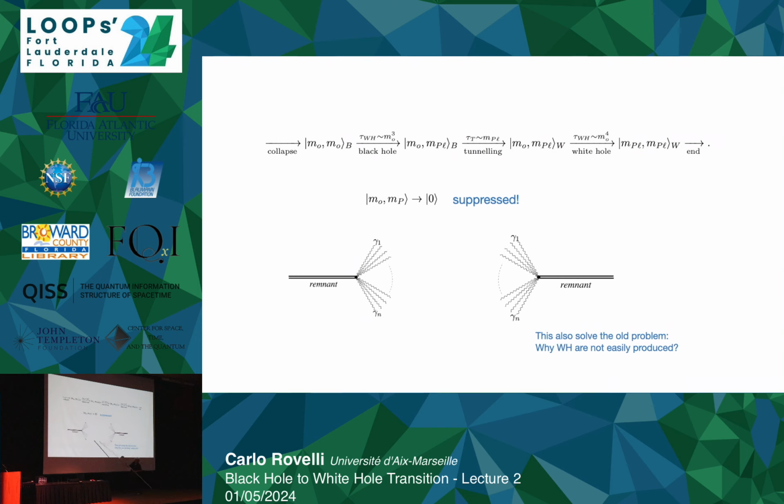Now, why does this have to be only one vertex? That's the key. Why can't this be a sequence of jumps? Because if it was a sequence of jumps, the energy after one jump should be something intermediate between the Planck energy of the remnant and zero.